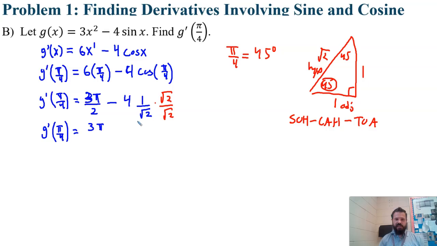And in this case, the root 2's will just turn into a 2. So I'll have a common denominator. So I can say (3 pi minus 4 root 2) all over 2 for a final answer. All right, that's all the simpler I can make that. I can't combine or simplify anything else here.